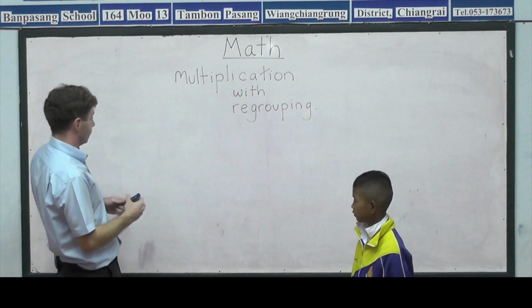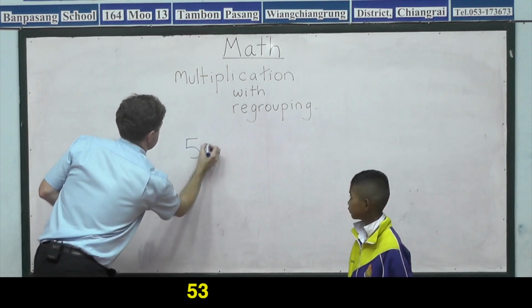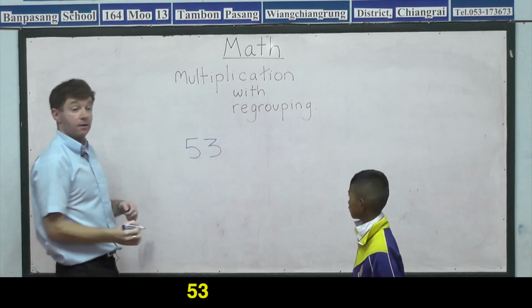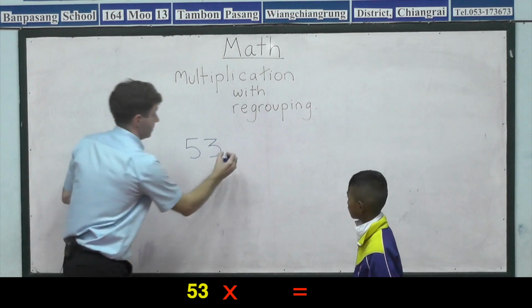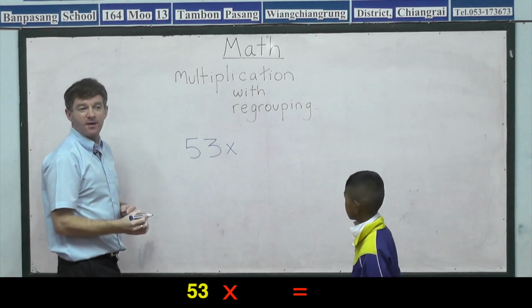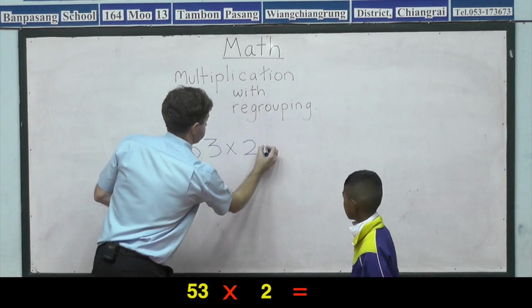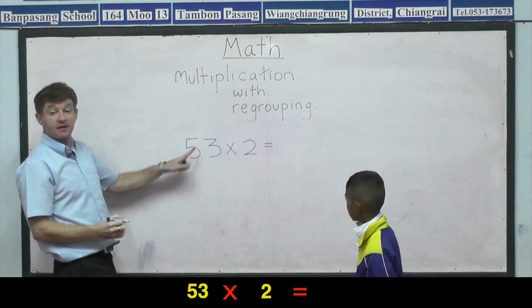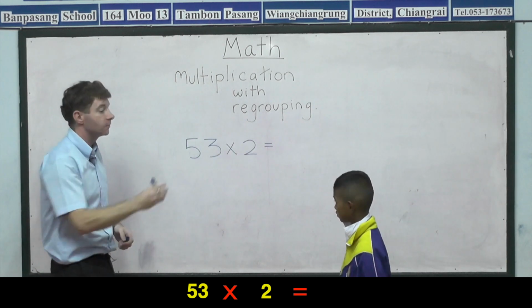So this time we will do 53 times how many? 2? Okay, we'll do 2. 53 times 2.